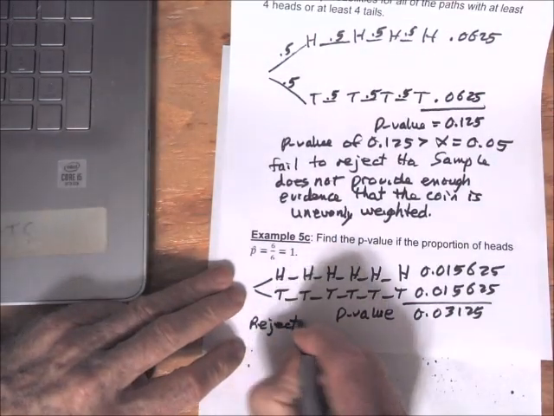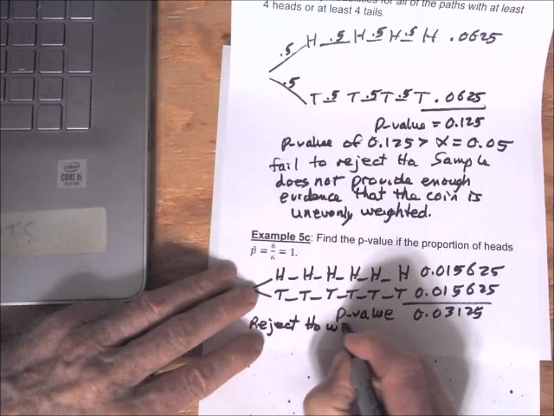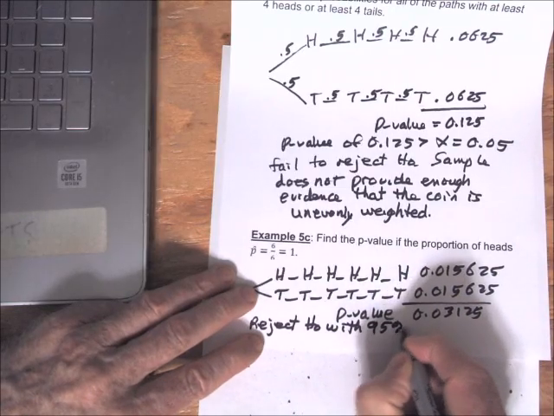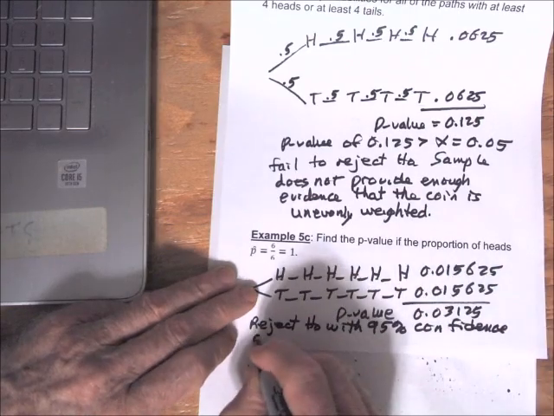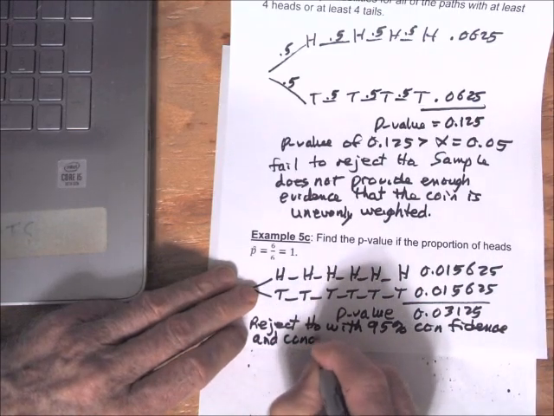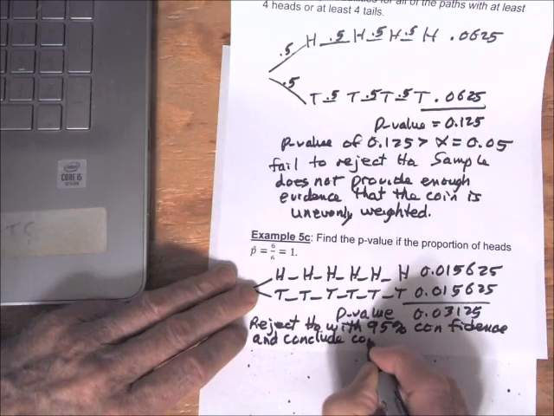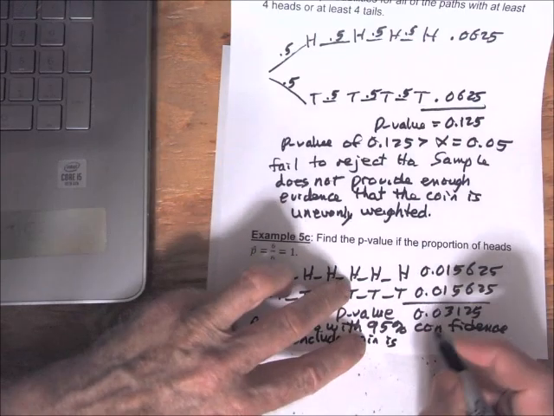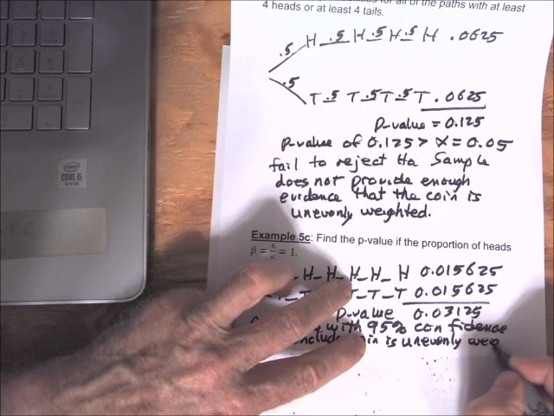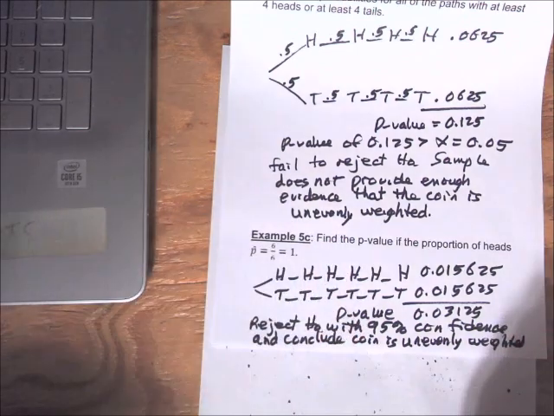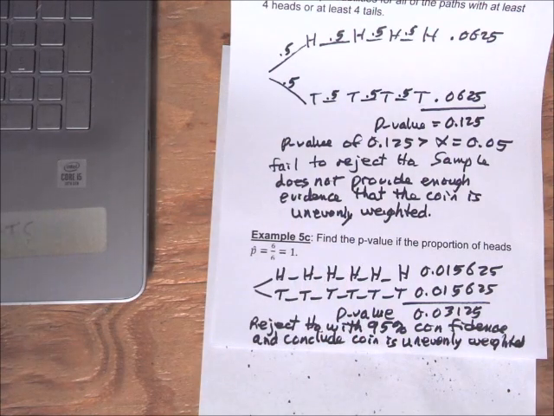Reject H naught with 95% confidence and conclude coin is unevenly weighted. The 6 heads in a row is unusual enough that we can start to think, well, maybe this coin is not evenly weighted. And that concludes this presentation.